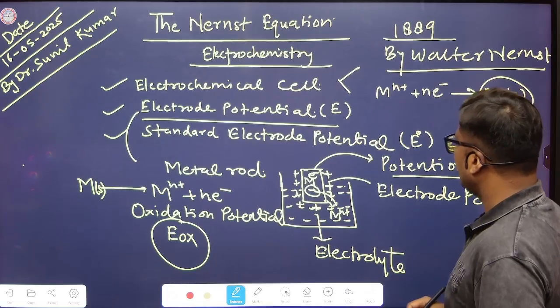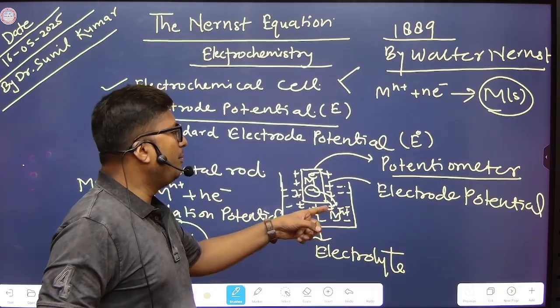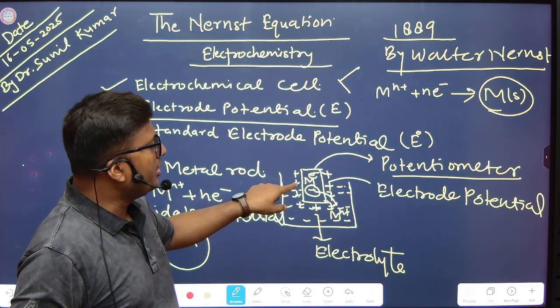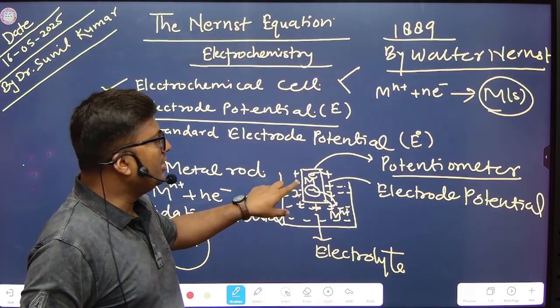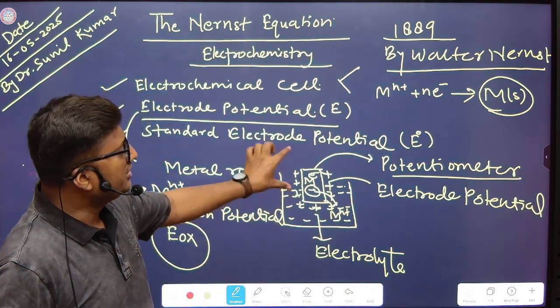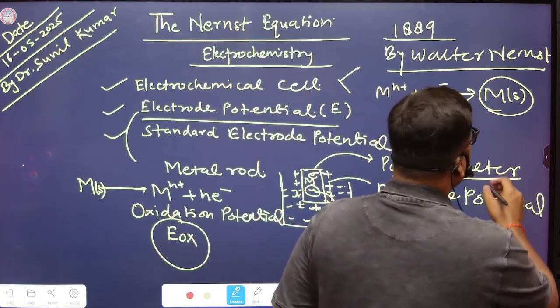This metal cation in the solution receives electrons from the surface, is reduced, and is deposited on this rod, right.